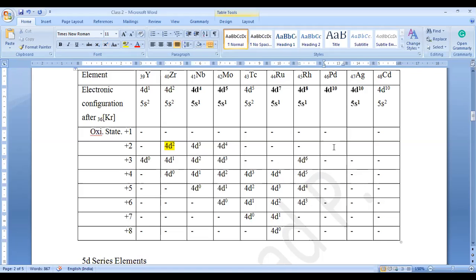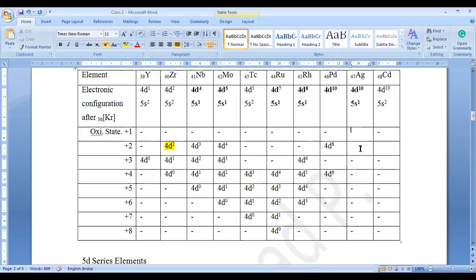Then for palladium, d8 and d6 systems are possible. D8 system means 4d8, that is +2 oxidation state, and d6 system, that is 4d6. So 4d8 and 4d6 mean +2 and +4 oxidation states are possible for palladium.